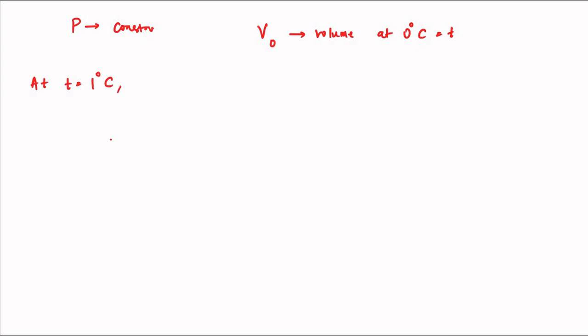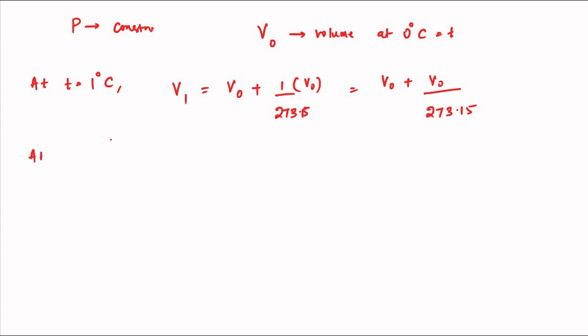At T equals 1 degree Celsius, V1 is equal to V0 plus 1 by 273.15 into V0, that is V0 plus V0 by 273.15. This is the volume at temperature 1 degree Celsius.